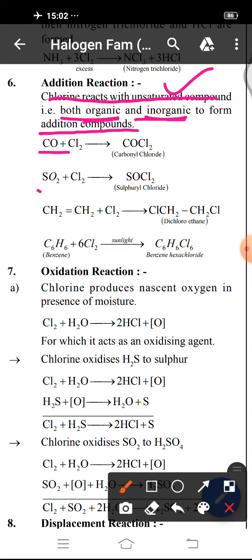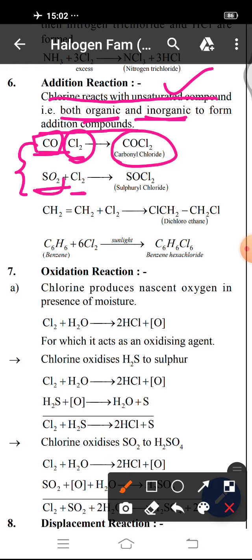Carbon monoxide and sulfur dioxide are both inorganic unsaturated compounds. When carbon monoxide reacts with chlorine, it forms carbonyl chloride, COCl2. And when sulfur dioxide reacts with chlorine, they undergo addition to form SO2Cl2, sulfuryl chloride.